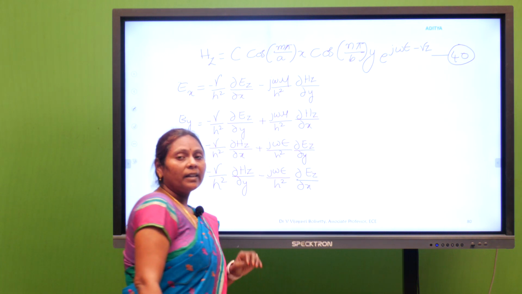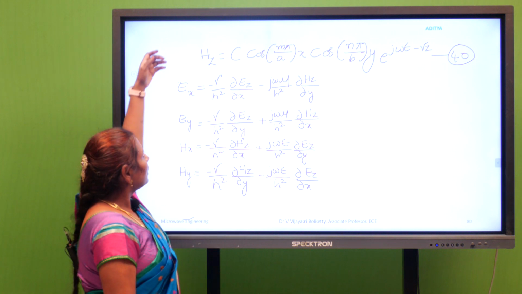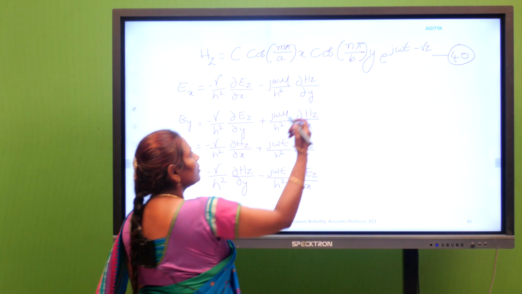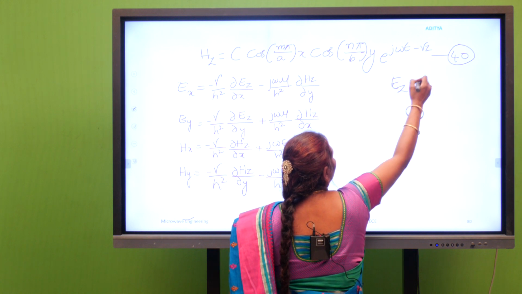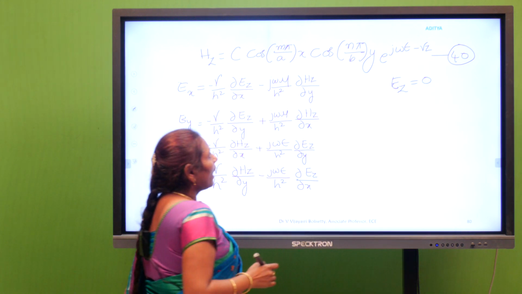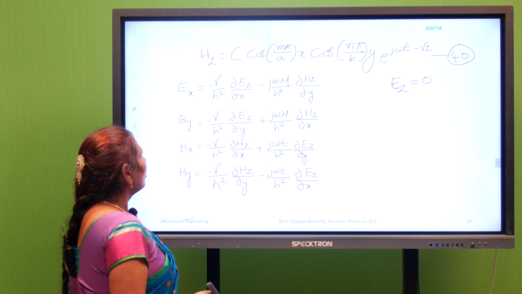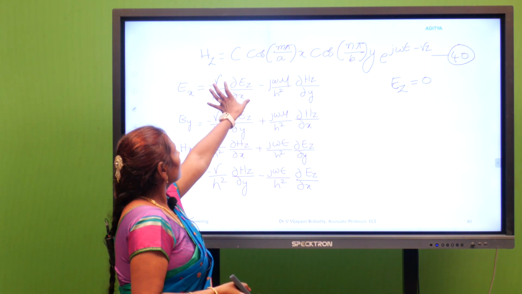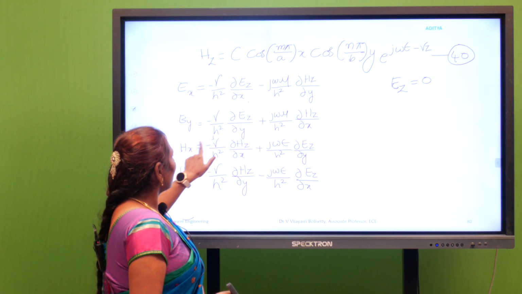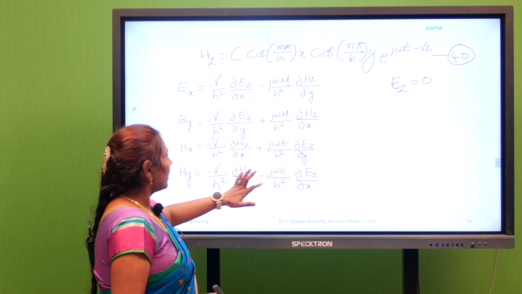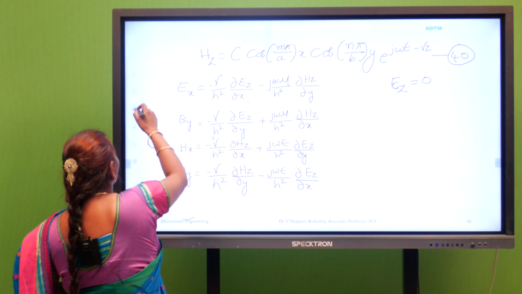As we are deriving the field expressions for the TE wave, Hz is represented by equation 40 and Ez is equal to 0. As Ez is equal to 0, the first term will vanish, here also the first term will vanish, and in Hx and Hy the second terms will vanish.